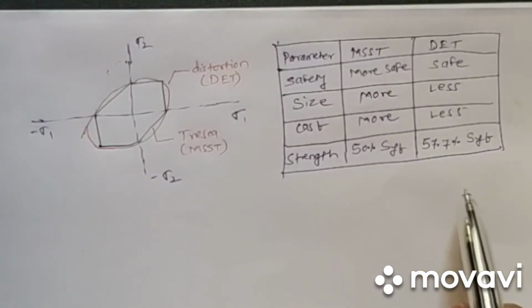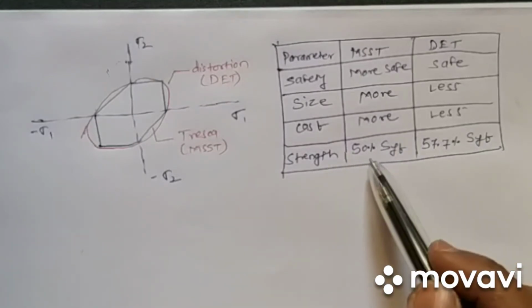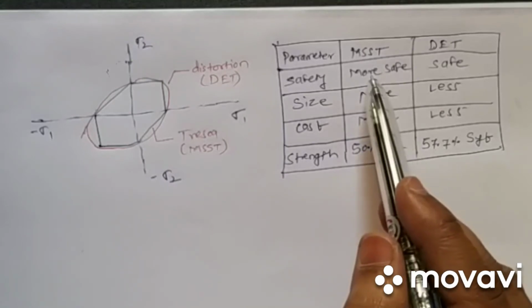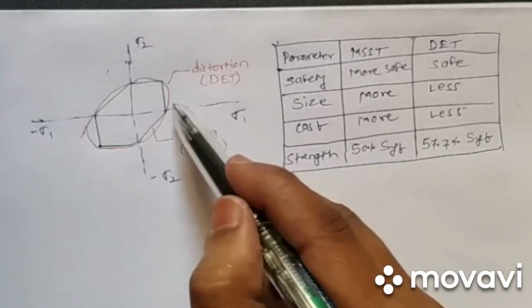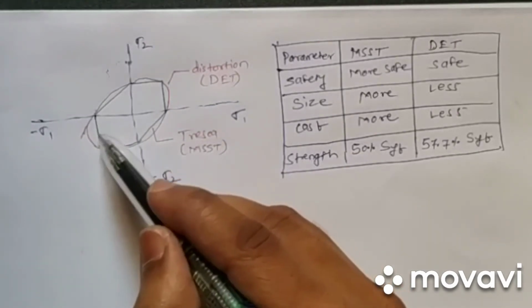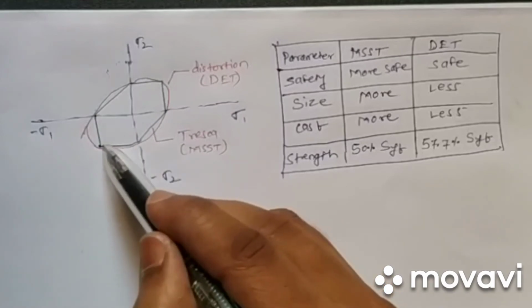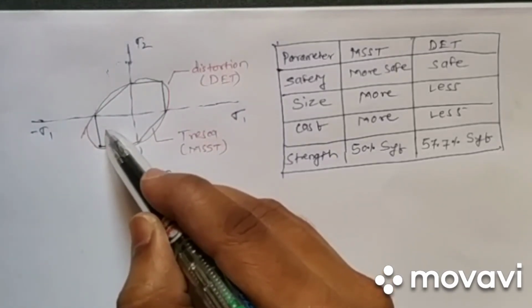As here we are considering 50% of the SYT, we go more safe. Here you can also observe that Tresca's hexagon is inside and this ellipse is outside, so we cannot go there; we always go conservative.